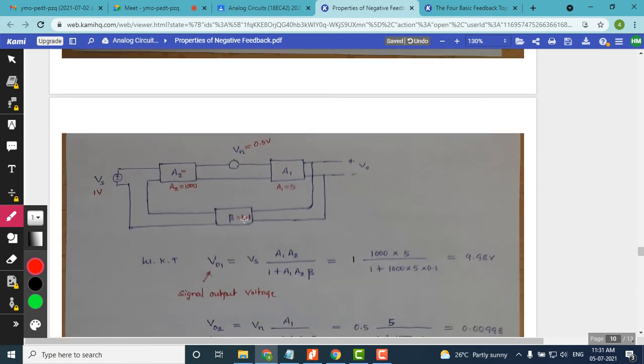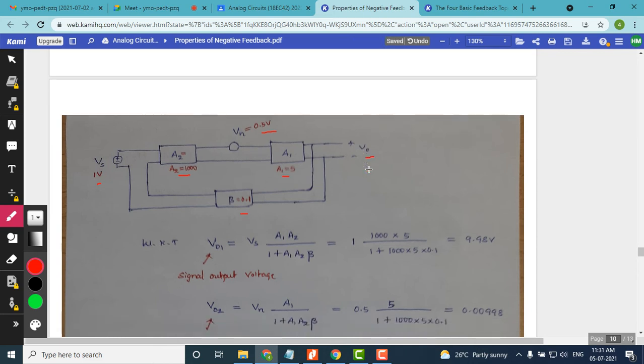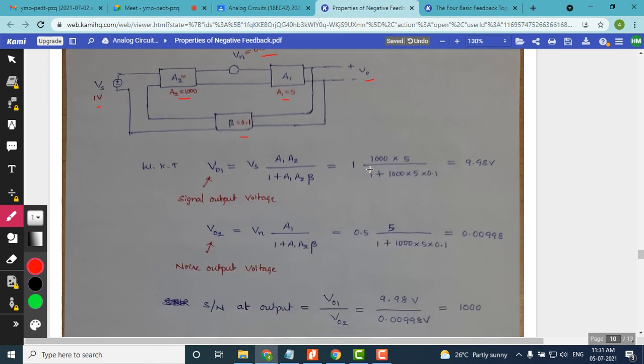As you can see here, this is a block diagram we have designed for this problem: Vs, A2, A1, beta, Vn and V0. Now we can find V01 and V02 by applying the superposition theorem.